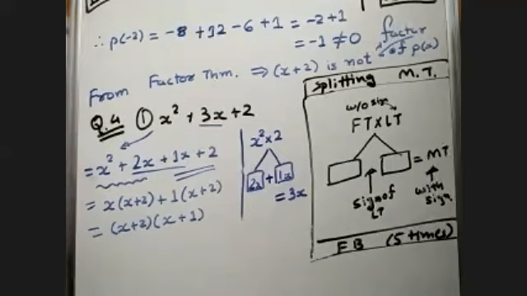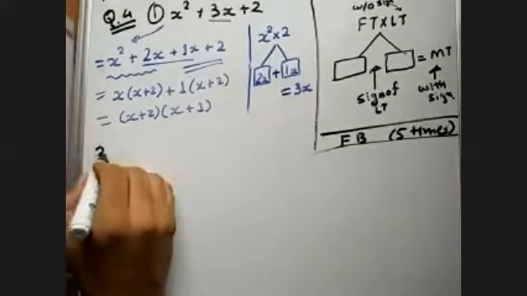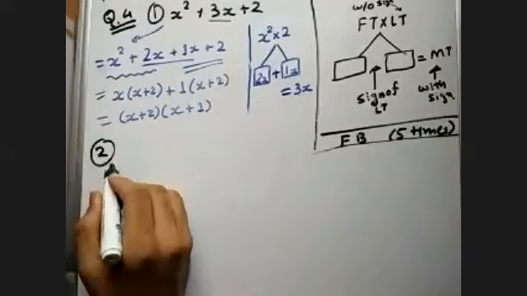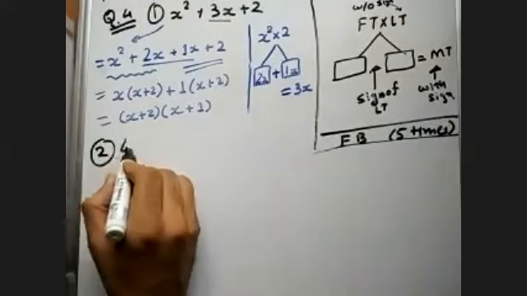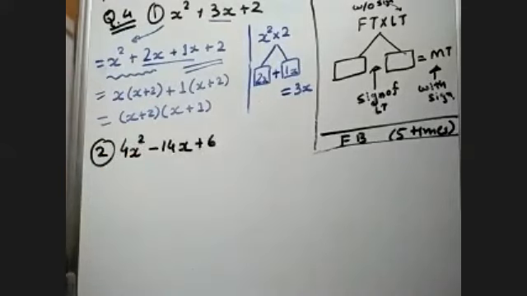So let us see the second and third part of question 4. So here the second part is 4x square minus 14x plus 6. Okay.